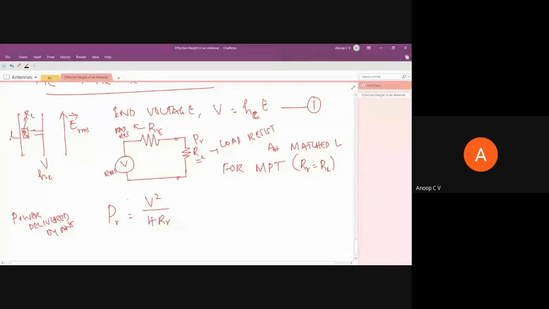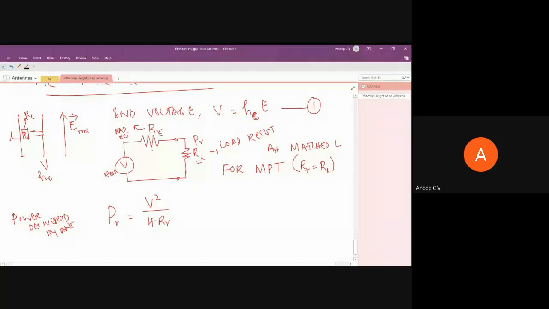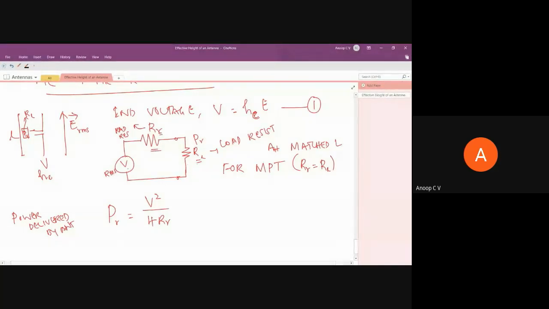You have studied the maximum power transfer theorem. This RR is equal to RL, so the RMS voltage will be divided equally. This will be V by 2. So the power is V square by R, that is V by 2 the whole square divided by RR. I'll call this equation number 2.